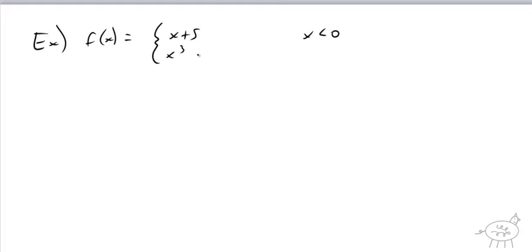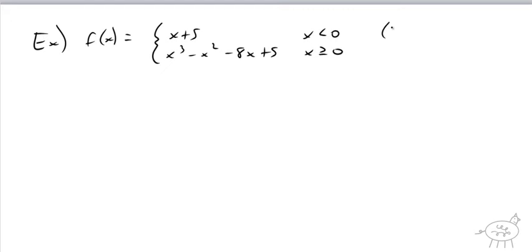So if I give you an example, f of x equals x plus 5 when x is less than 0, and x cubed minus x squared minus 8x plus 5 when x is greater than or equal to 0. First of all, I need to make sure it's continuous.